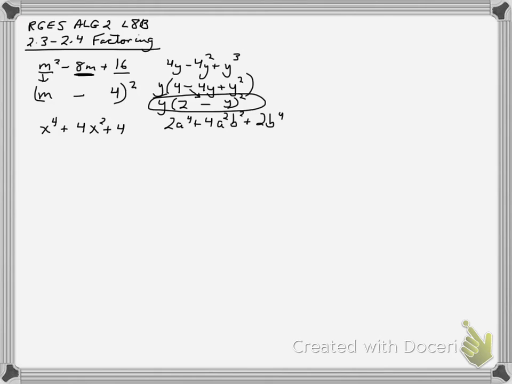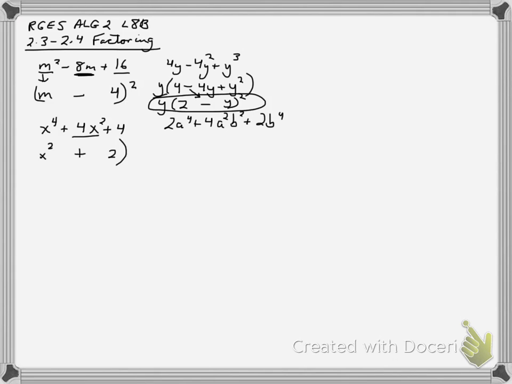So I think that this is a review for you, so I'm going through it fairly quickly. Hopefully it is. If we have this, we don't have anything we can factor out of everything, but what's squared equals x to the 4th, and that would be x squared. What's squared equals 4, and that would be 2. If I multiply them together, I get 2x squared, and if I double it, I get that.